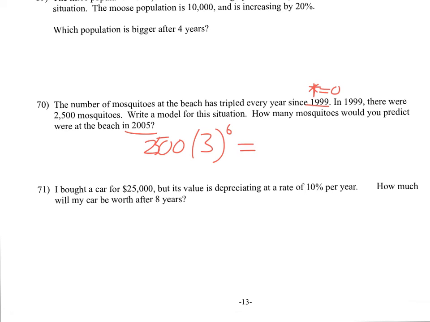That's going to be 6. So 2,500 times 3 to the 6th. I have a feeling that's going to be a huge number. That's going to be 1,822,500. So in 6 short years, we would go from 2,500 to 1,822,500 mosquitoes.